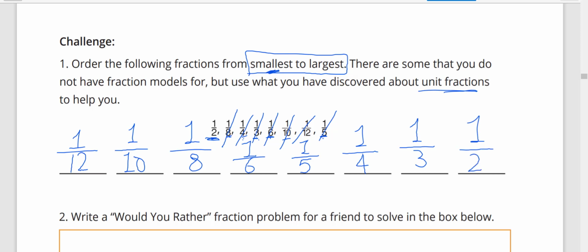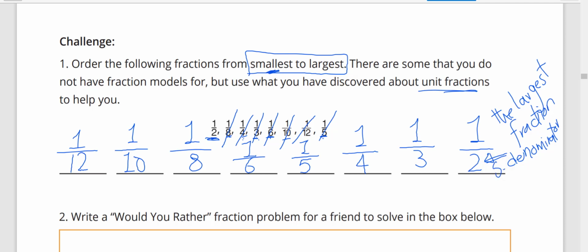Which is the largest fraction? A half is the largest fraction. Why? Because it has the smallest denominator.